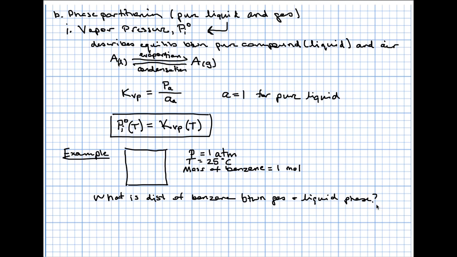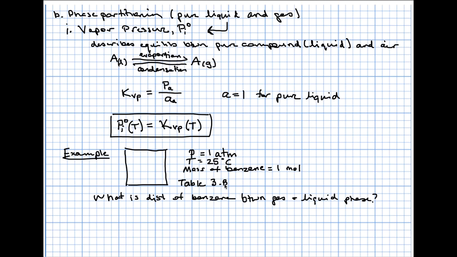So in order to answer that question, we need some additional information. We need to know the vapor pressure of benzene. Your book provides a table of vapor pressures for some common compounds.